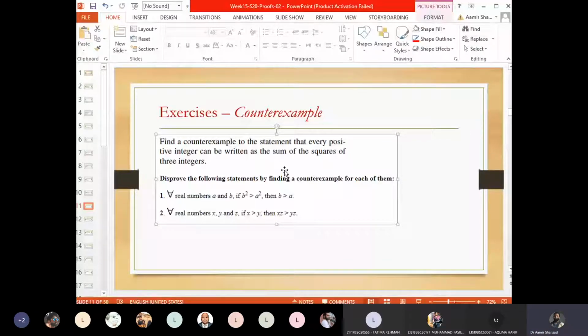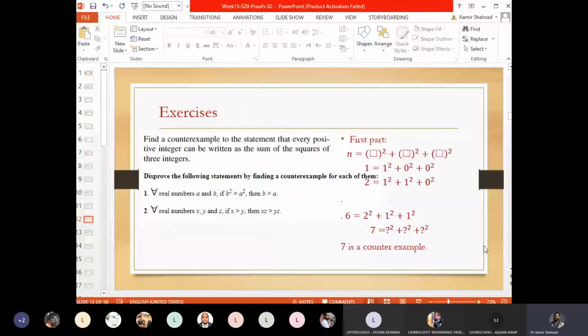कि किसी भी हम इंटीजर को तीन स्क्वायर्स की शक्ल में लिख सकते हैं, सम ऑफ थ्री स्क्वायर्स लिख सकते हैं. फॉर एग्जांपल अगर हम जीरो को देखें वो तीन इंटीजर एक से भी हो सकते हैं. ओके वी आर टॉकिंग अबाउट पॉजिटिव इंटीजर्स, सो वन कैन बी रिटन एज वन स्क्वायर प्लस जीरो स्क्वायर प्लस जीरो स्क्वायर. So it's sum of three square numbers.